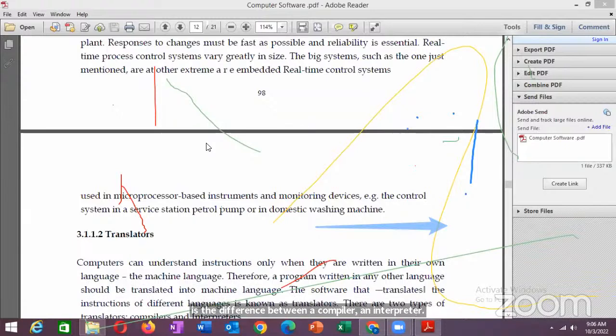These are the two types of translators. What's the difference between the two? Kindly give me the difference. I'm waiting.